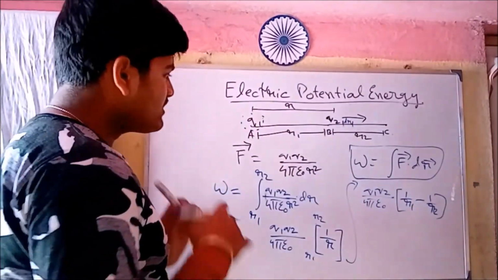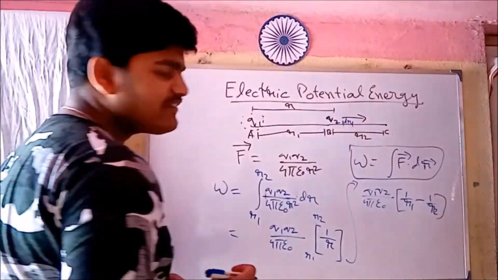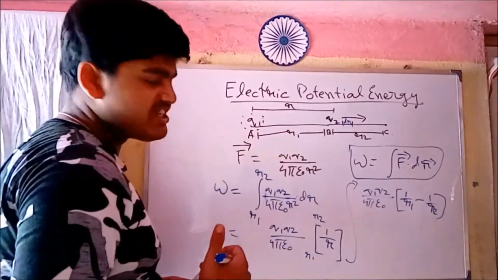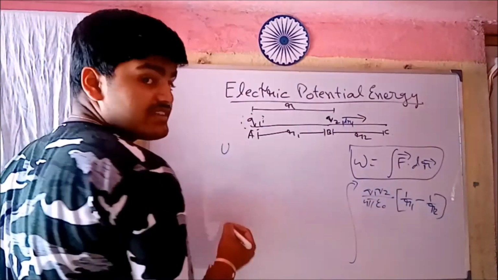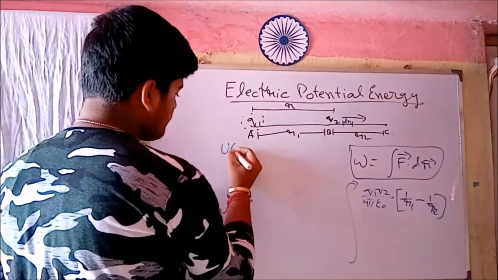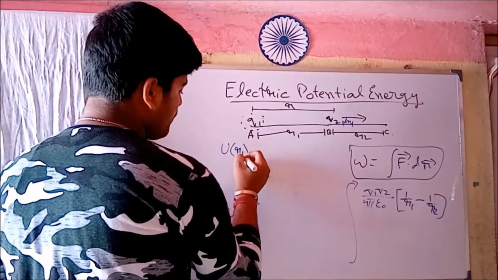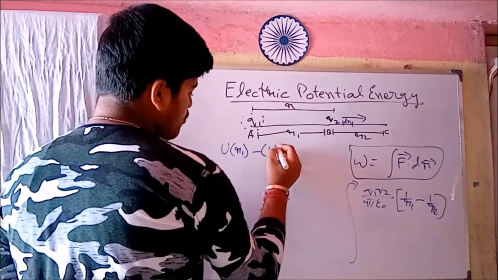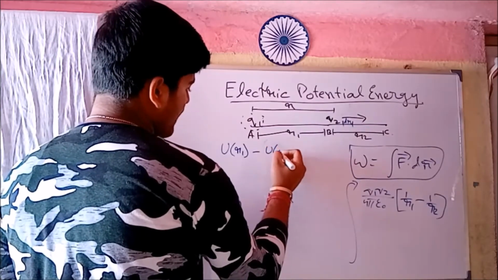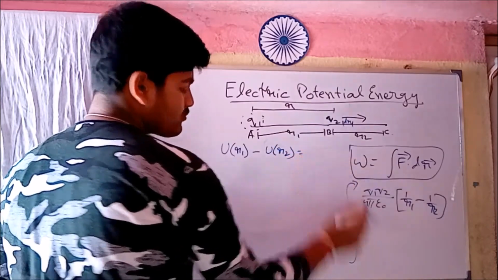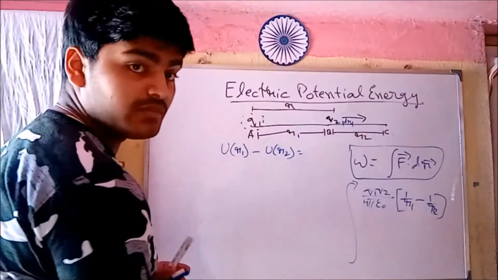So if we get the net work done, final minus initial, we'll get U at R1 minus U at R2 equals the work done according to the work energy theorem.